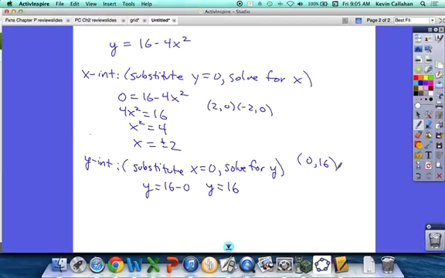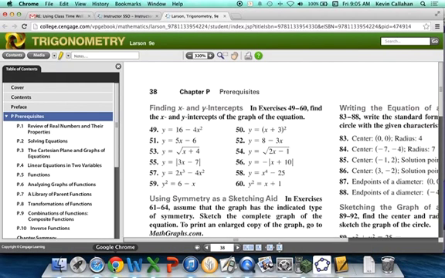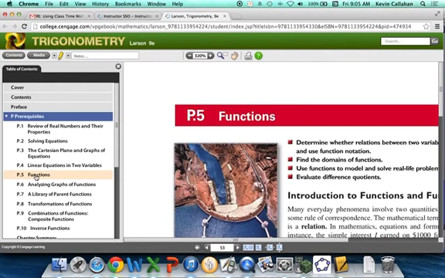Okay, x and y intercepts. There'll be one just like that. Then we jump to the next page, 49, 15 to 24. We're on 38, that's too many pages.